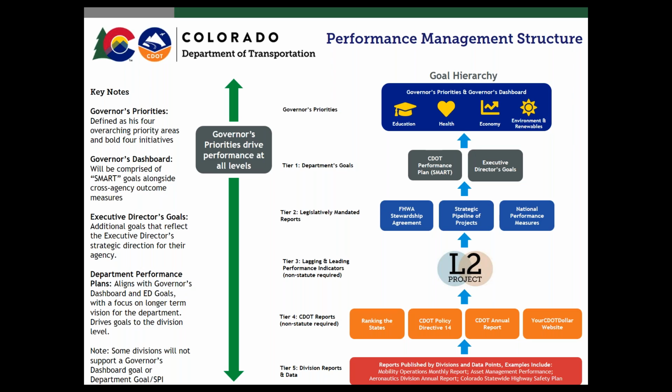And it goes everywhere from our top priorities, which are not the federal priorities, they're our governor's priorities, down to the things that we use day in, day out to make decisions. Two things that I want to point out in relationship to what we're talking about here, asset management and STIP integration, are the national performance measures, which we have as tier 2 here, and also something called Policy Directive 14.